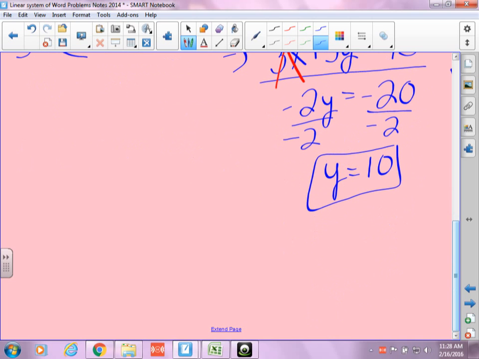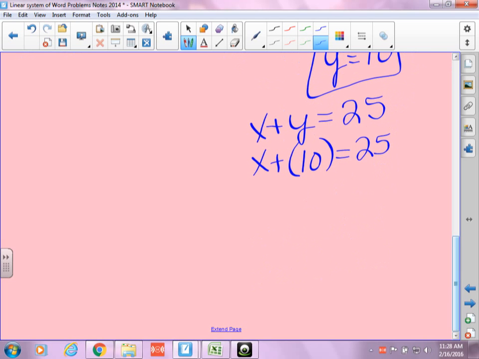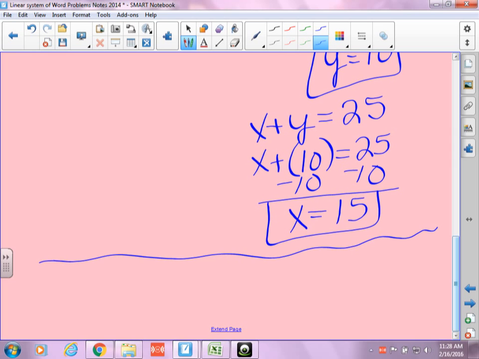I'm going to grab the first one. X gives me 15, okay? So I solve for x and I solve for y, and that is step 4.